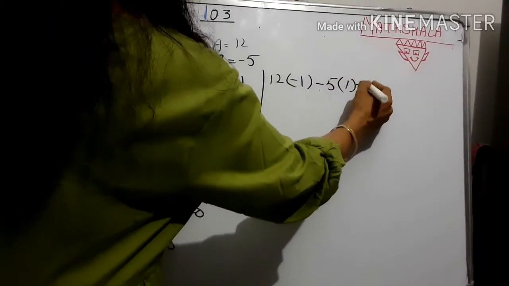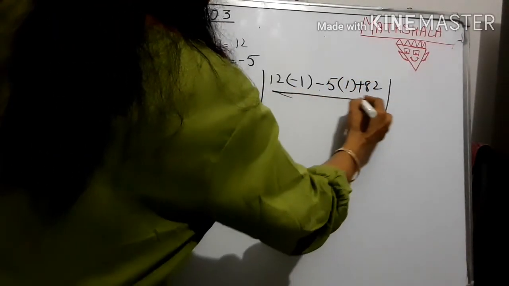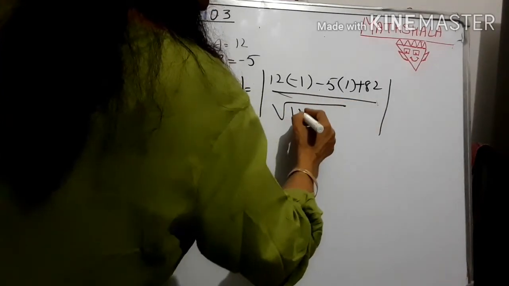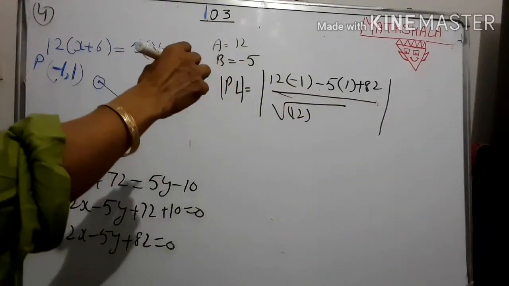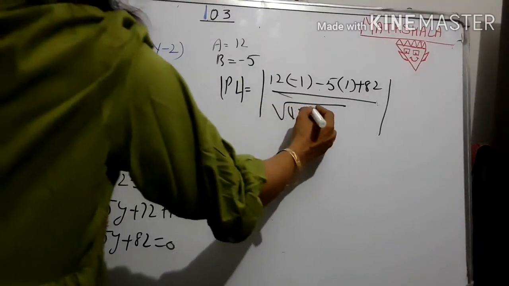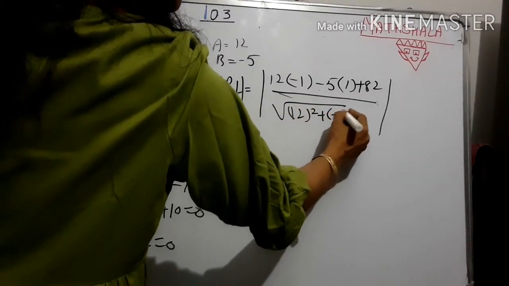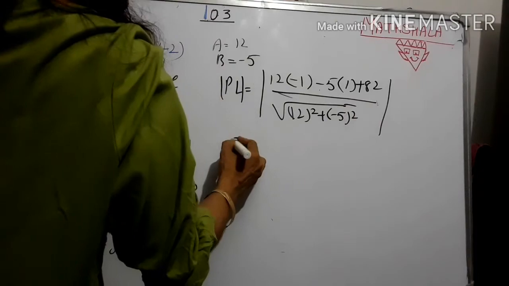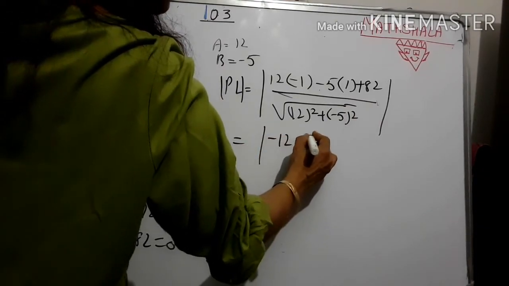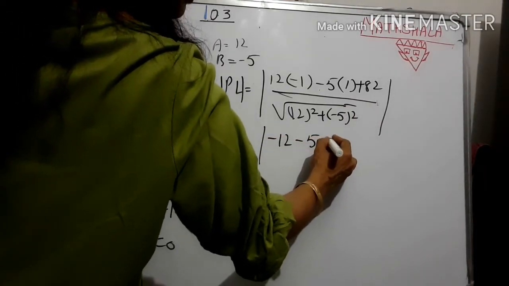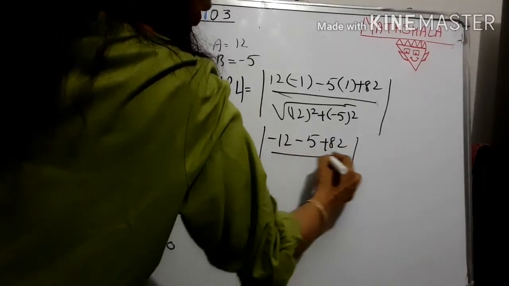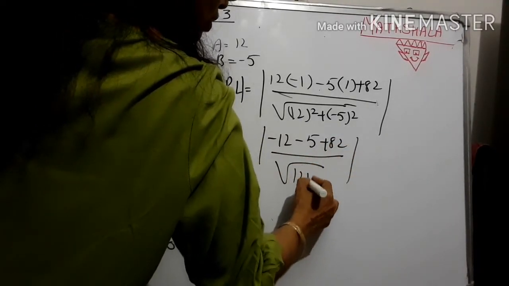And then we have divided by the square root of A square, that is the coefficient of x, and then we have the coefficient of y. So it is minus 12 minus 5 plus 82, and now we can get the result.